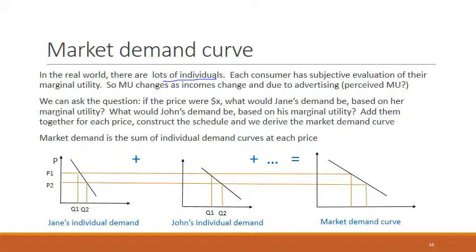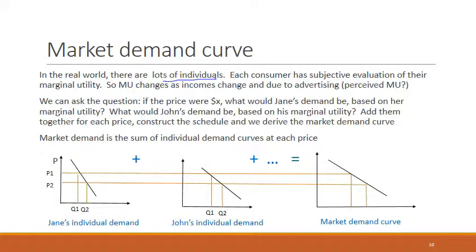So we have lots of questions now about individuals. If the price were X dollars, for example, let's say P1, what would Jane's demand be based upon a price of P1? It'll be Q1 for Jane. What about a guy called John? Well, at that same price, John demands Q1 for John.